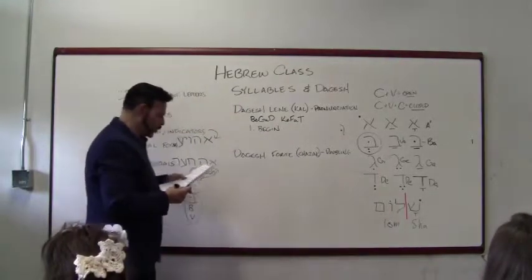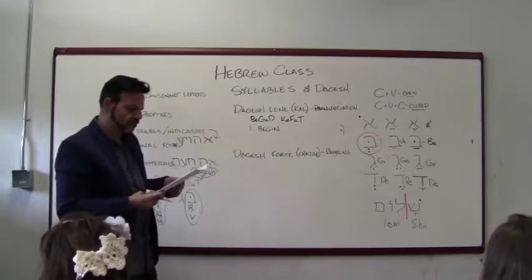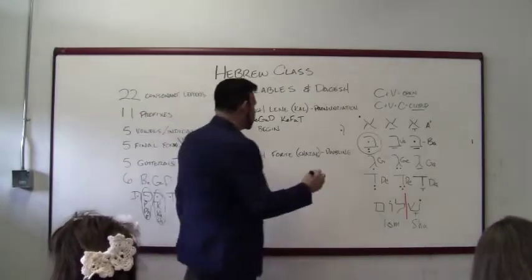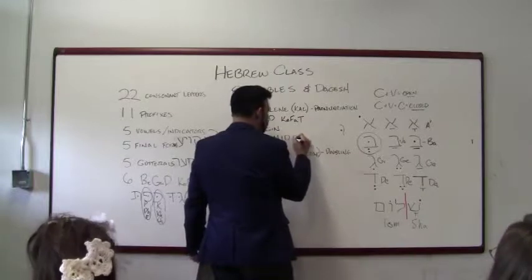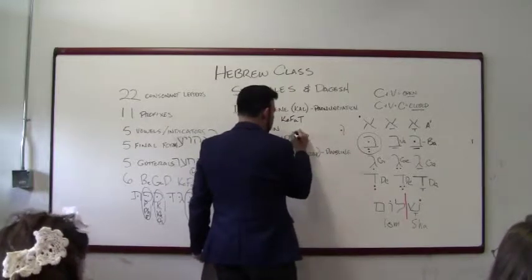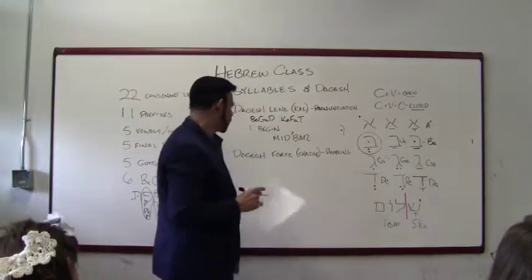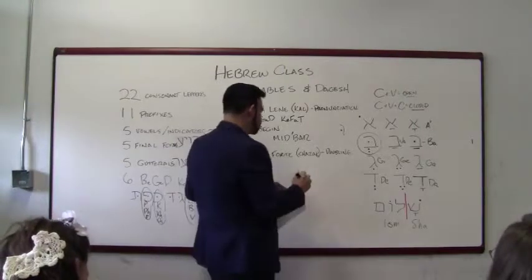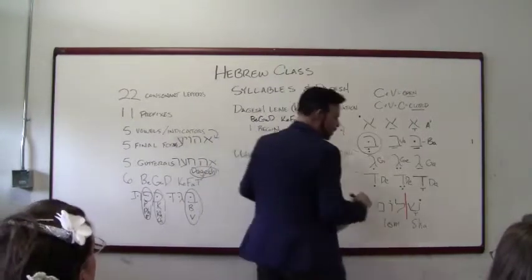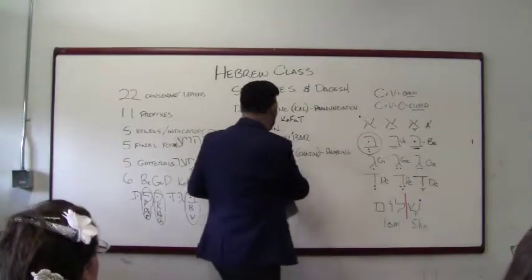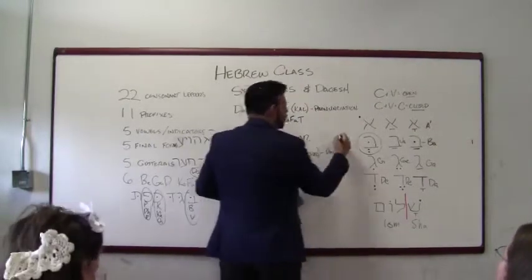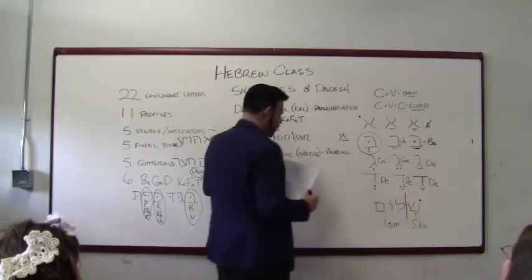Second, in the middle of a word, to the left of it, silent sheva. Here's a perfect example in the word midbar. Okay? So, for instance, if I write this in Hebrew, how do I spell, what would be for the M? Mem. Right.